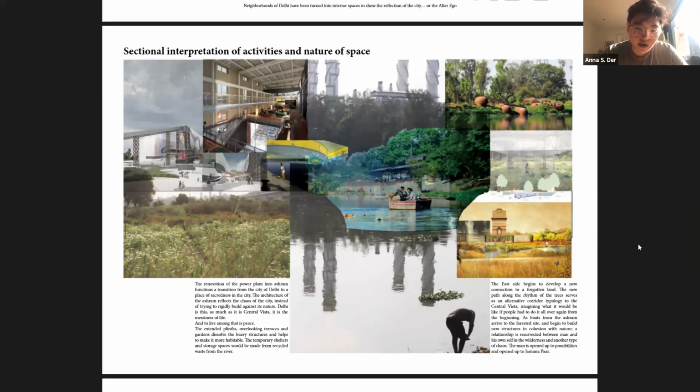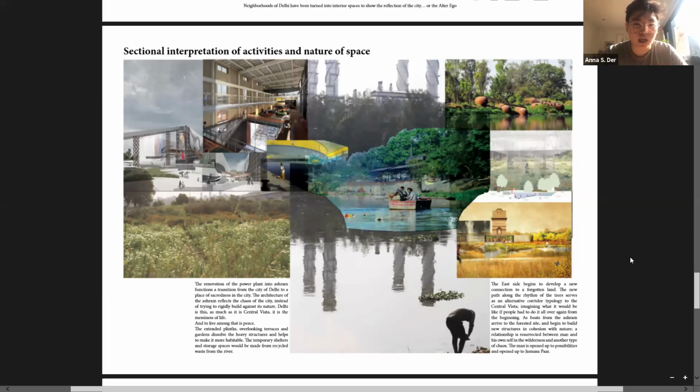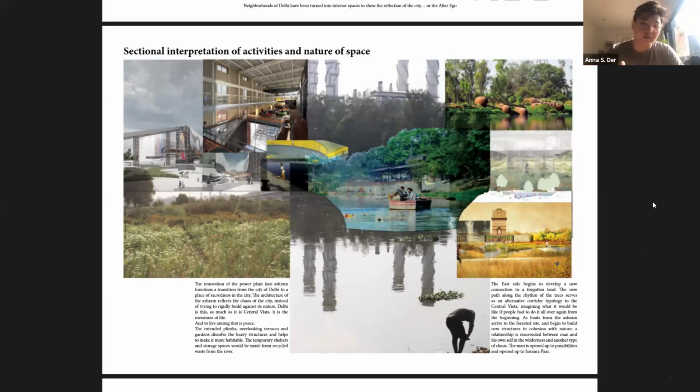And on the east side, this idea also came about that as people arrive into this forest reserve, people will begin to make new buildings, using recycled materials to make pavilions and rooms and spaces, but also forge a path, forge a corridor, which is a response to the Central Vista's way of saying a path or a street.